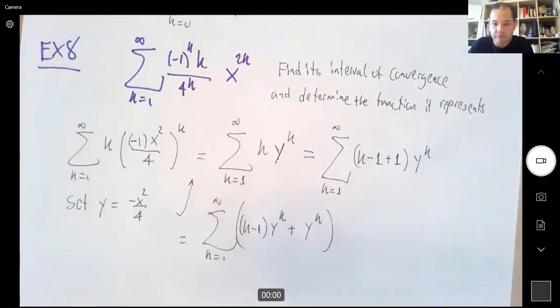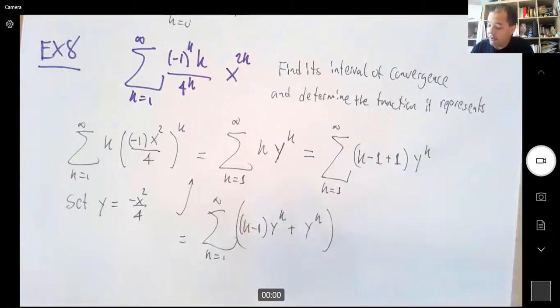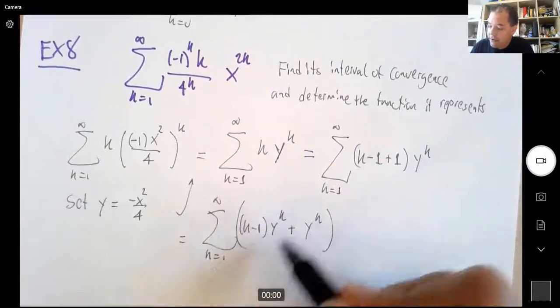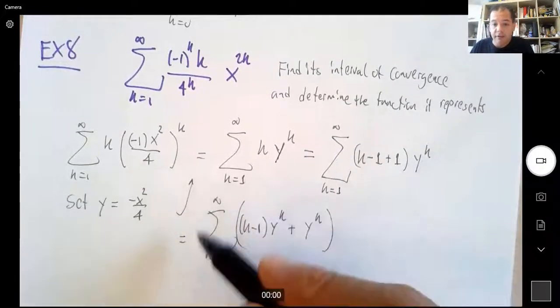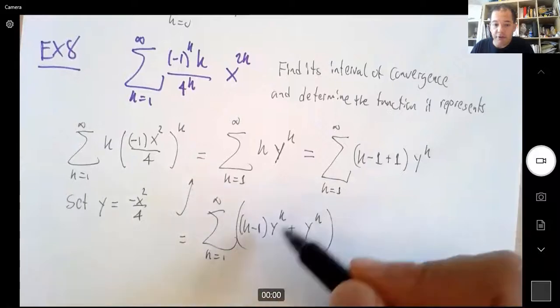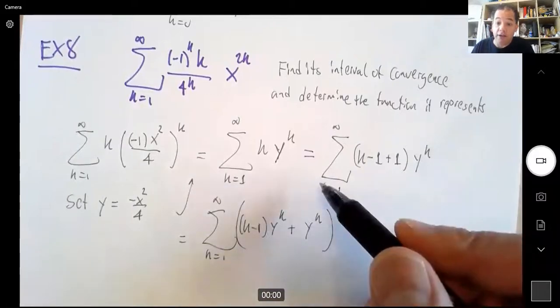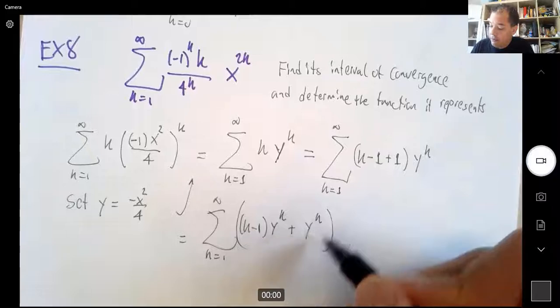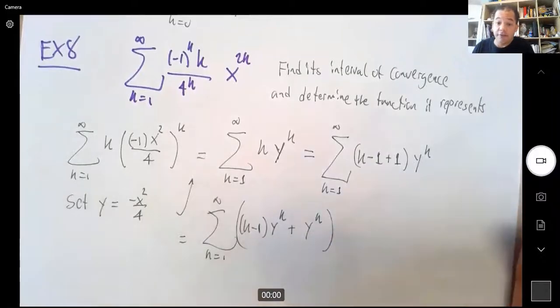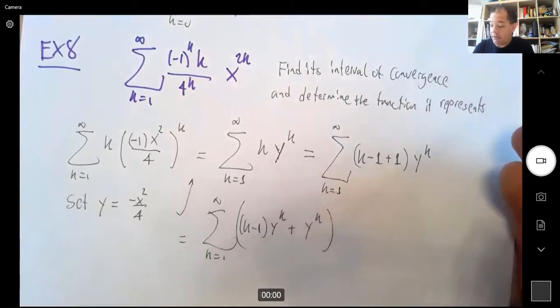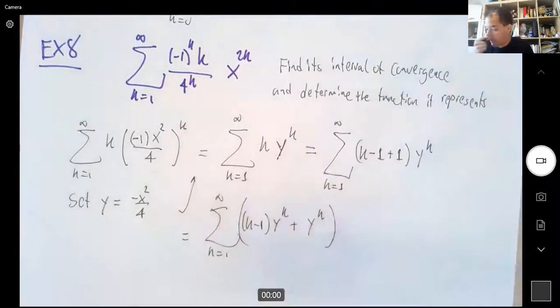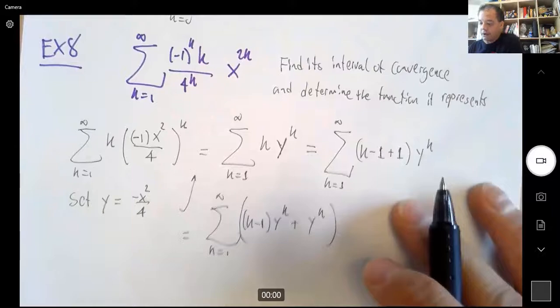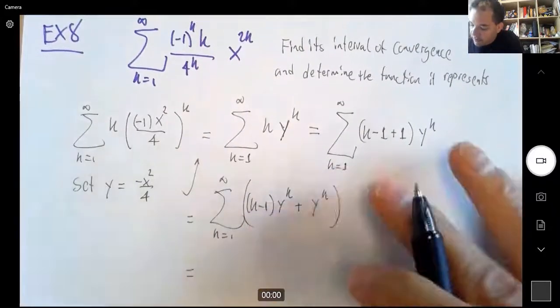And this is good because now this looks like the derivative of something, right? This first part looks like the derivative of y to the k. And this part looks like the geometric series, which we already know. So I think we're on the right track to figure out what this expression is. So what is this one over here?